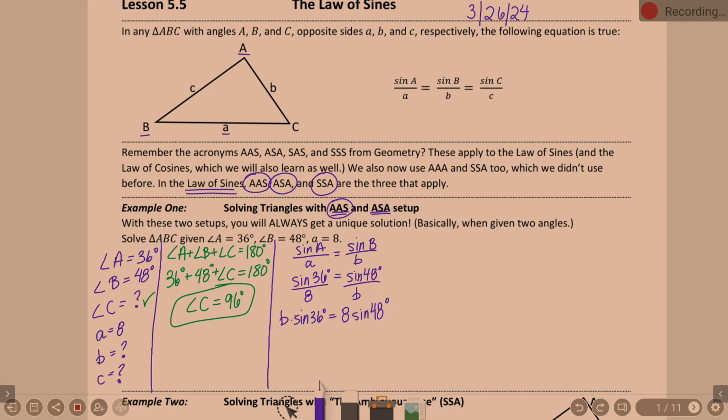What do I have to do to solve for b? To divide by sine 36. Right? So I'm going to take 8 times sine of 48 degrees and divide by sine of 36, because it's b times sine of 36, so we're going to divide. So I know b is going to be equal to whatever 8 times sine of 48 degrees divided by sine of 36 degrees is.